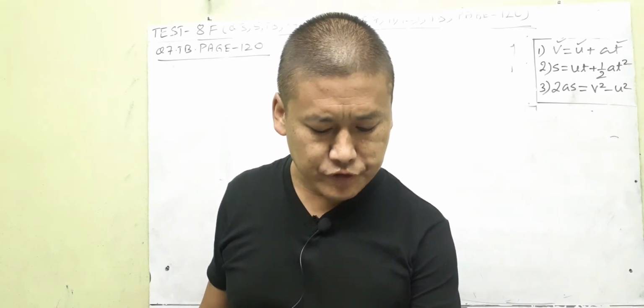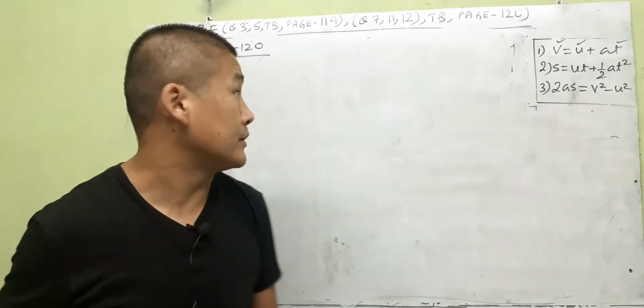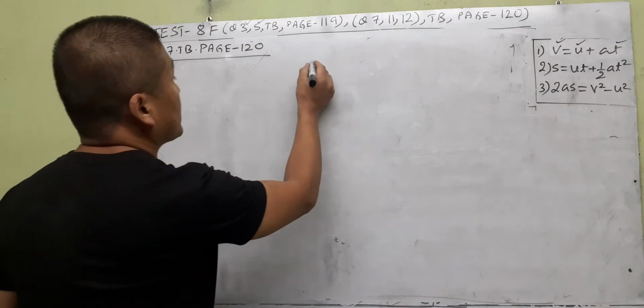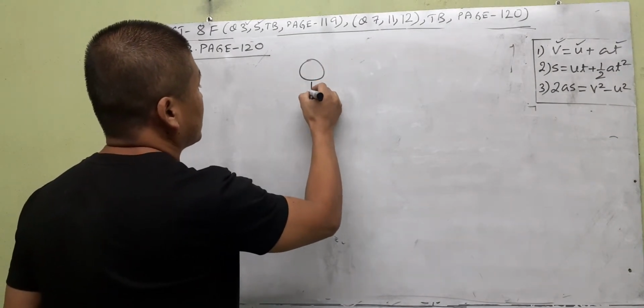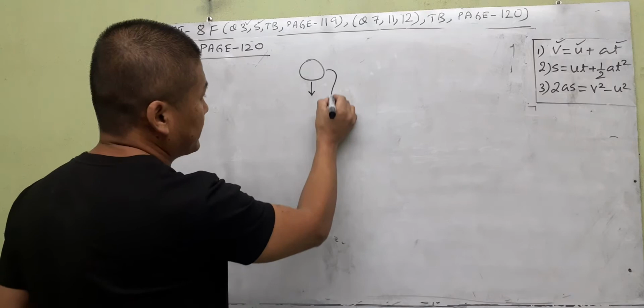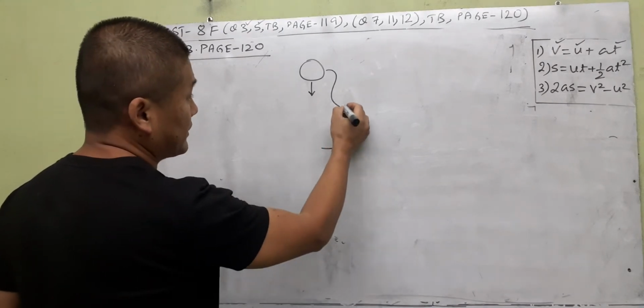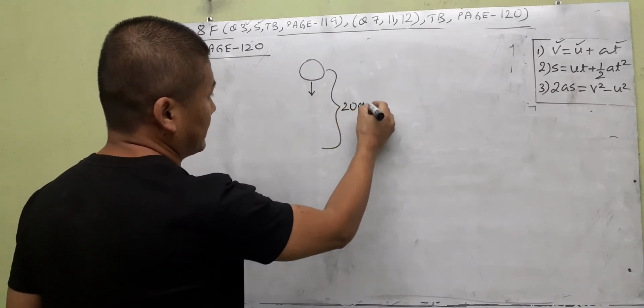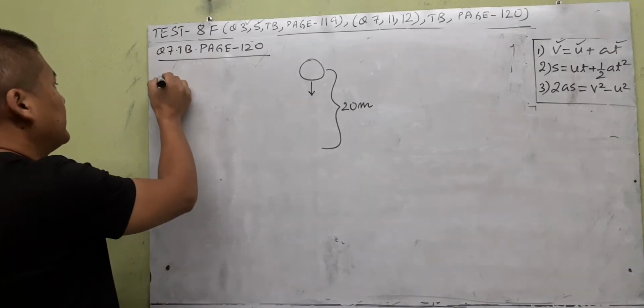A ball is gently dropped from a height of 20 meters. So let us deal with that first. There was a ball that was dropped, meaning it falls in a downward direction. Before it was released, it was at a height of 20 meters.